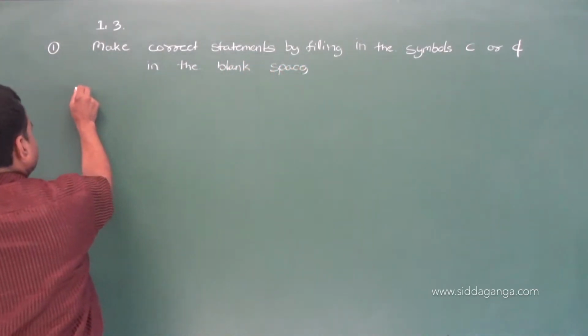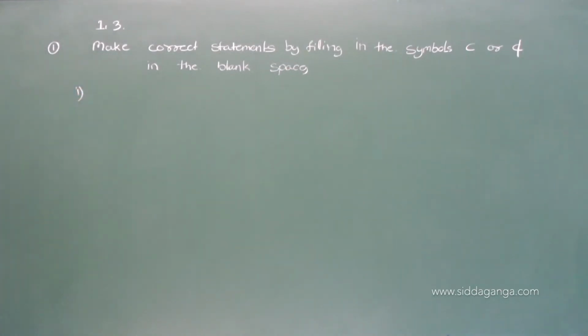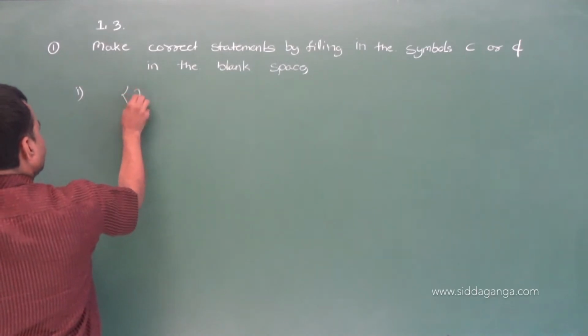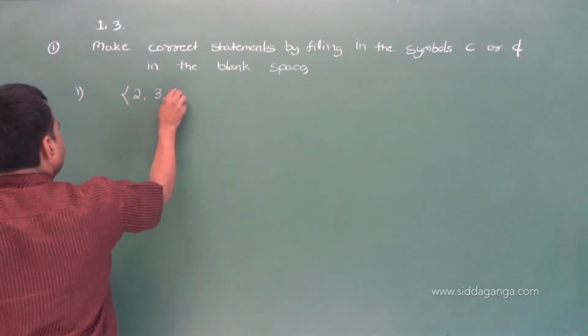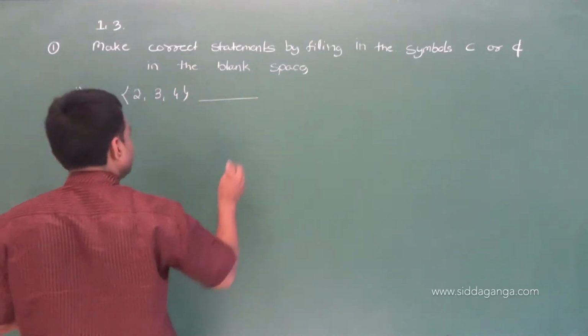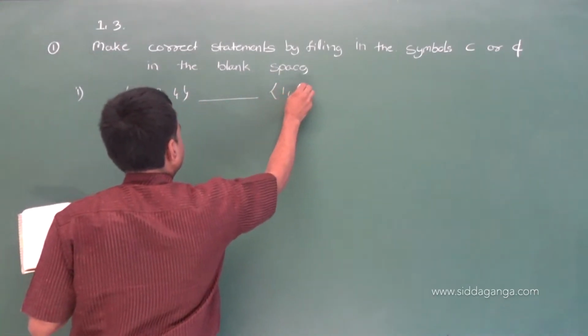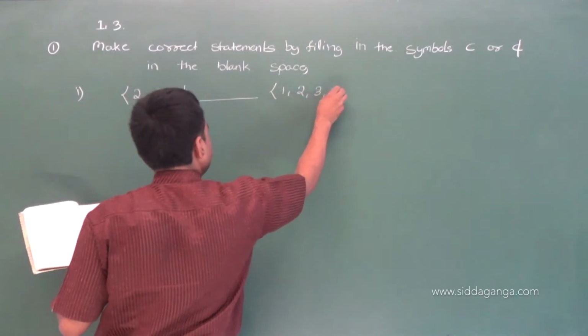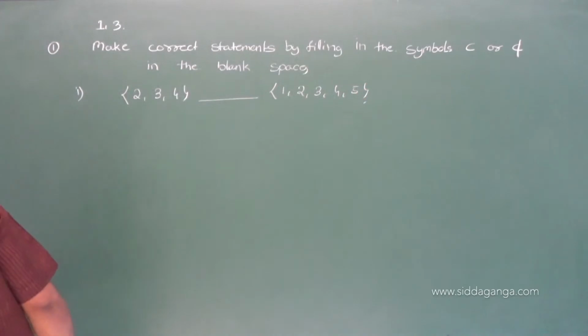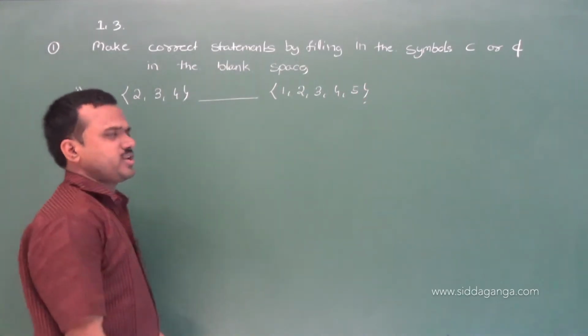First question. He has given one set, 2, 3, 4, dash, 1, 2, 3, 4, 5.